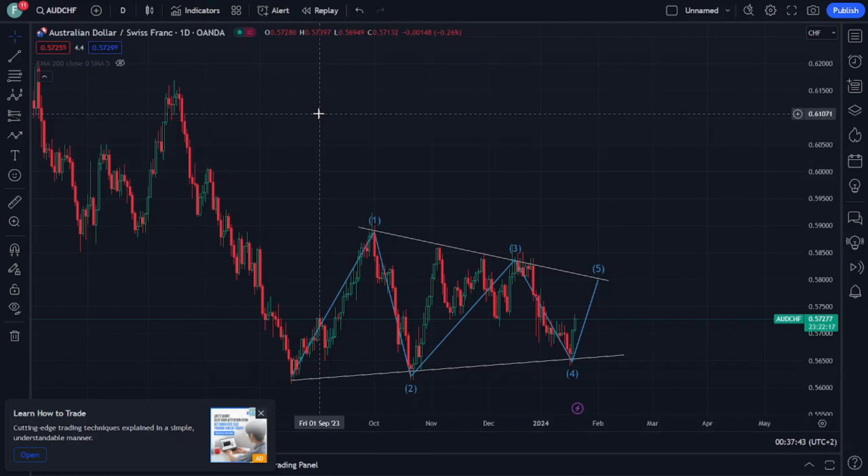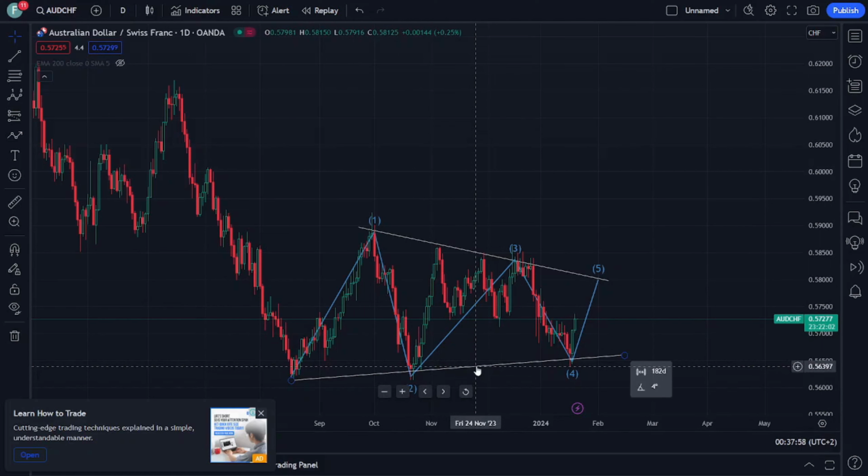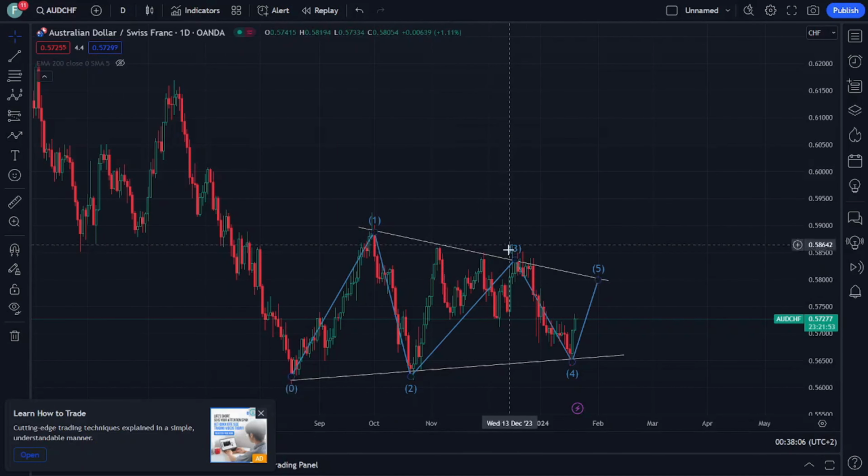So why did I skip 1 and 2 and go straight to the 3rd one? It's because after the price touched here, it never went to touch the bottom. It must touch the bottom trend so that we can count it as a touch. At the moment, it's still bouncing at the top. It never went down.